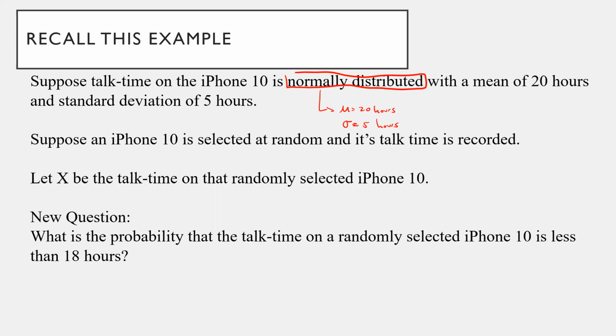If we select one at random, we won't know how long its talk time will last. So we let the random variable x be the talk time on that randomly selected iPhone 10. The question is, what is the probability that the talk time on a randomly selected iPhone 10 is less than 18 hours?